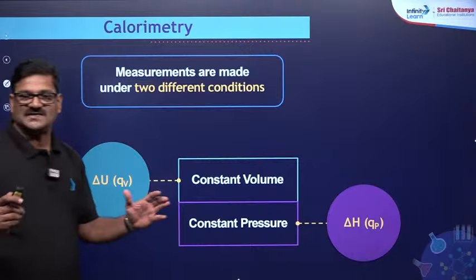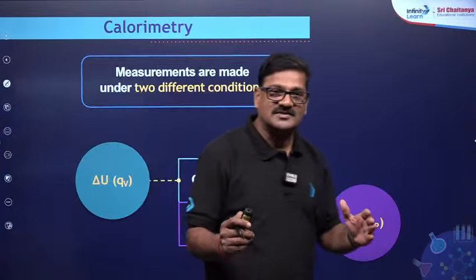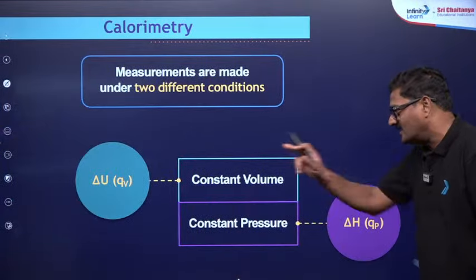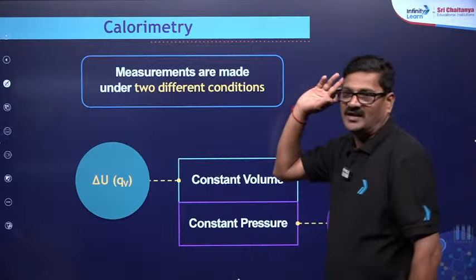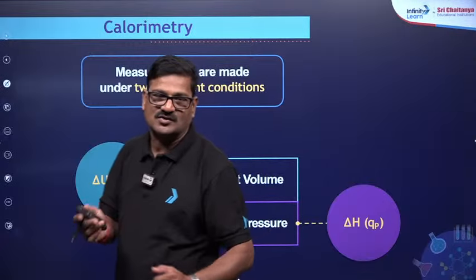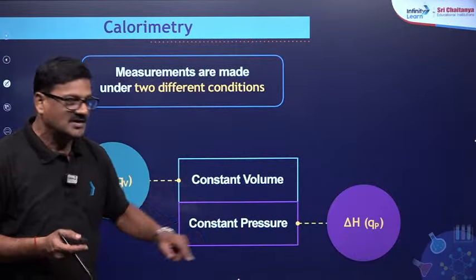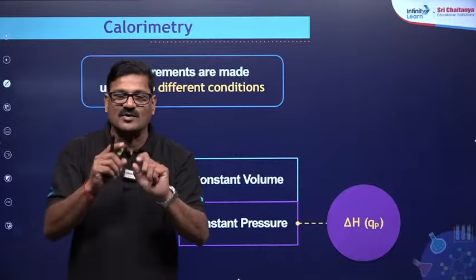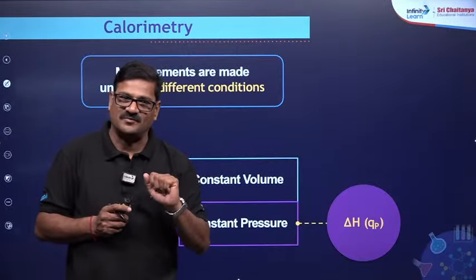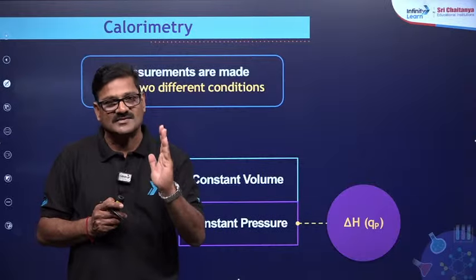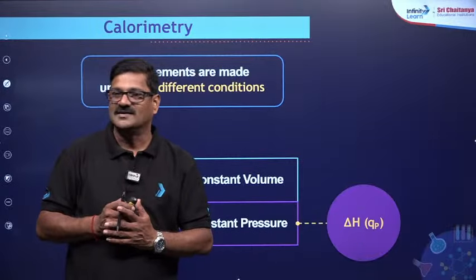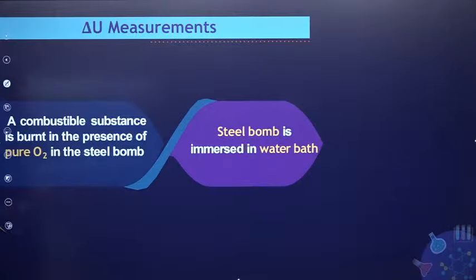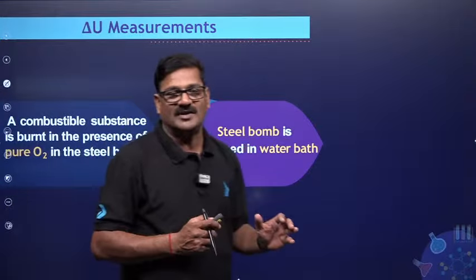So heat of a system at a constant volume is said to be internal energy change, and heat change at constant pressure is said to be enthalpy change. But calorimeter is going to be a closed system, and it has to be done at constant volume. So delta U measurement is done by using a bomb calorimeter.